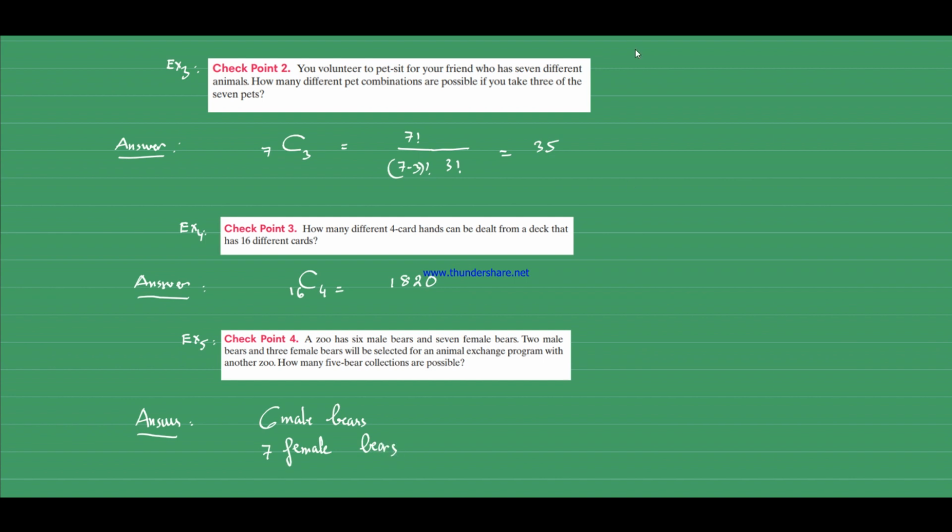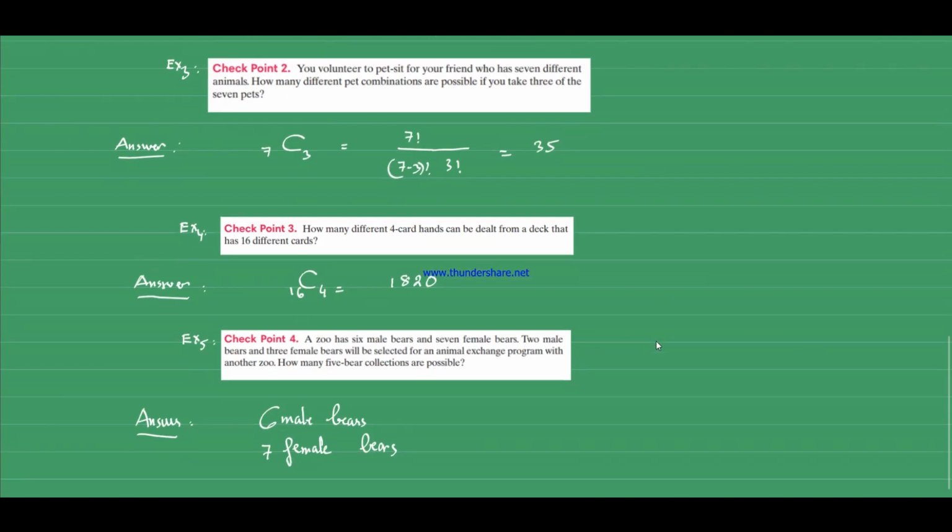Now we're going to pick 2 out of 6, so we do C6 2. Then we pick 3 out of 7.